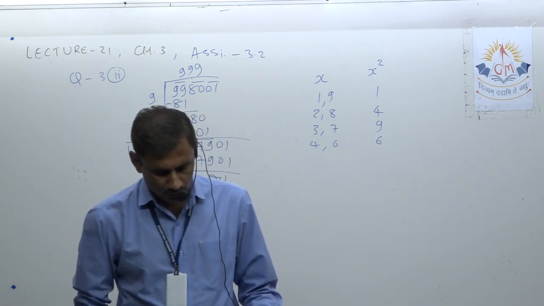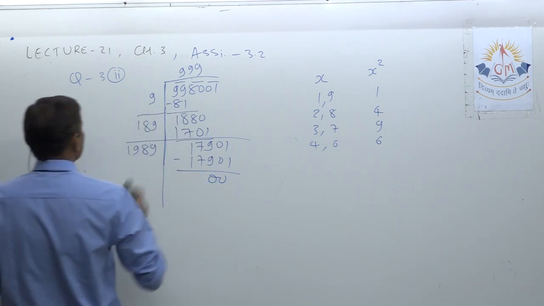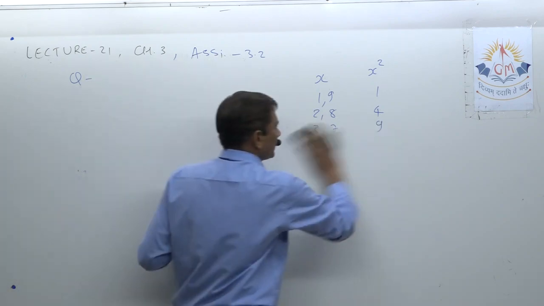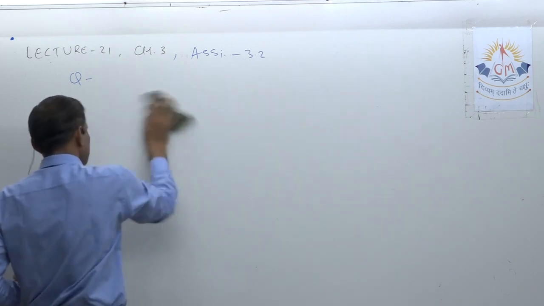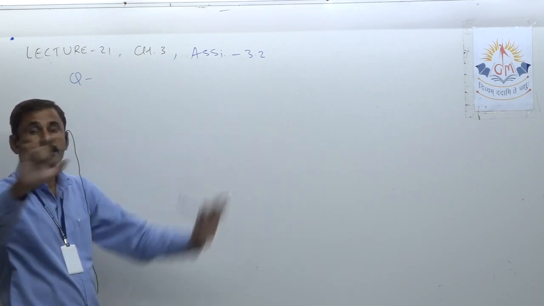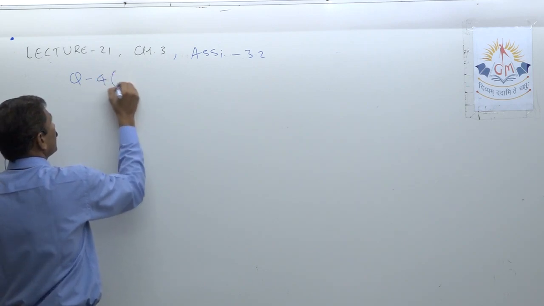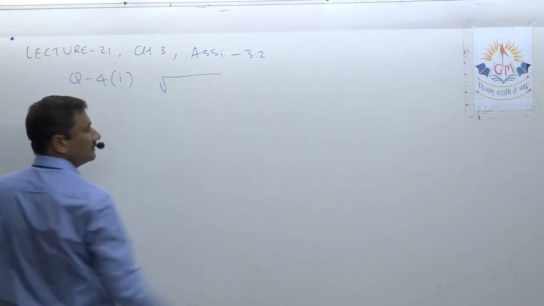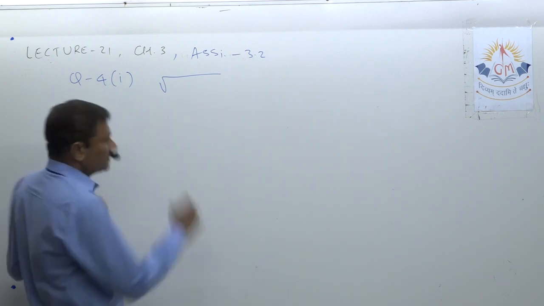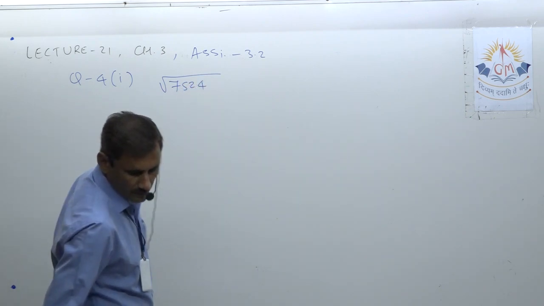Okay, so now the fourth one. Instead of giving a statement, they have already put the root sign there, whereas in the previous ones they told us separately to find the square root. So here there is no need to write a statement, directly they told us what we have to find. It is 7524 4804.